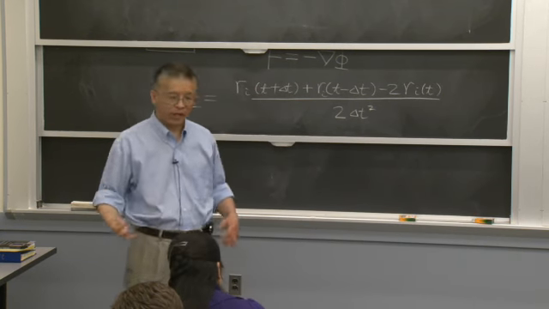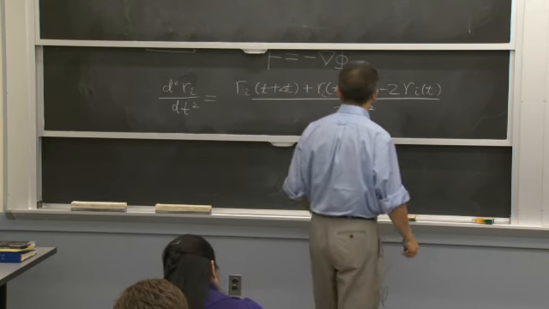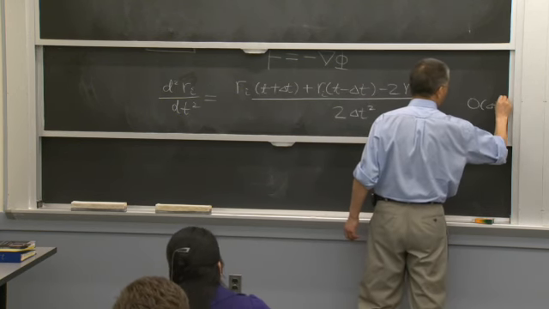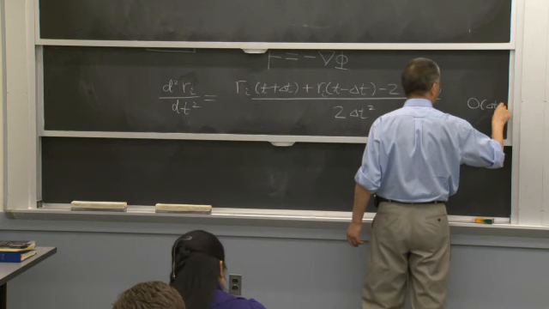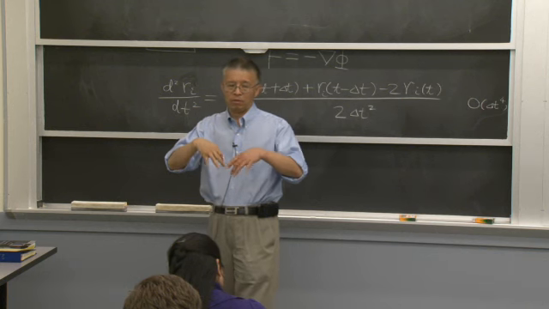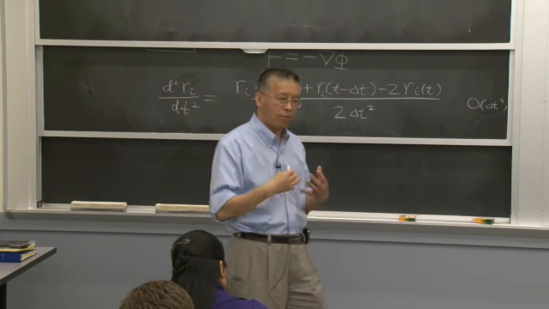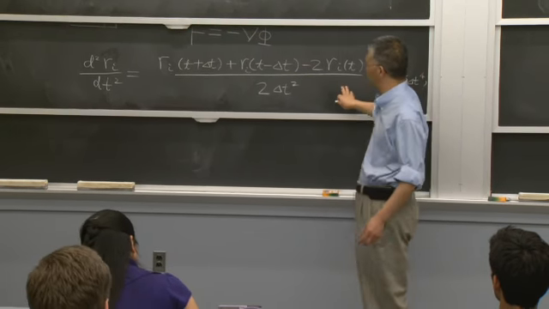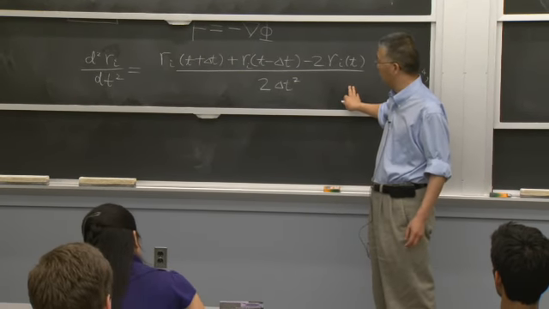If you check the accuracy of this, it is actually of the order of delta t to the fourth power. So you actually have a relatively high accuracy when you use the central difference method.